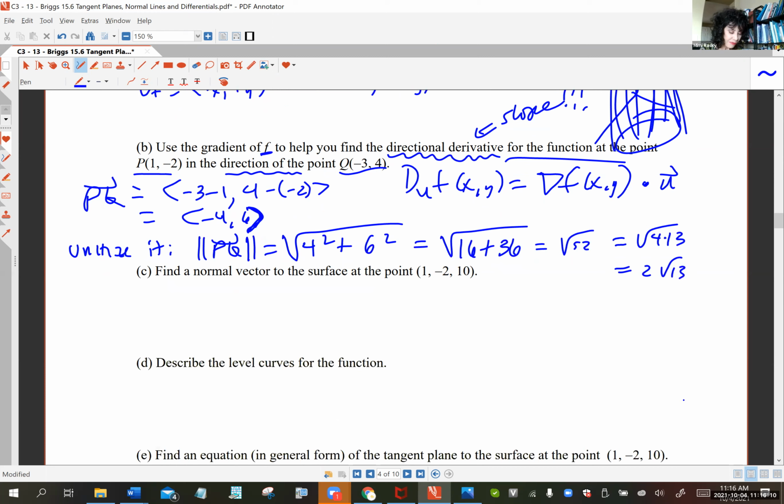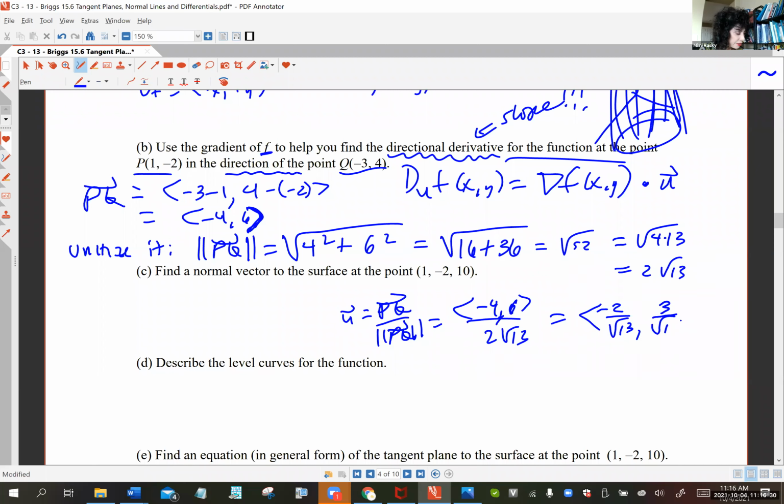Fine. So then the unit vector in the direction that I want to find this slope is going to be negative 4, 6 divided by 2 square root of 13. And after reducing to lowest terms, I get the vector with components negative 2 over square root of 13, comma, 3 over square root of 13. Okay, fine.